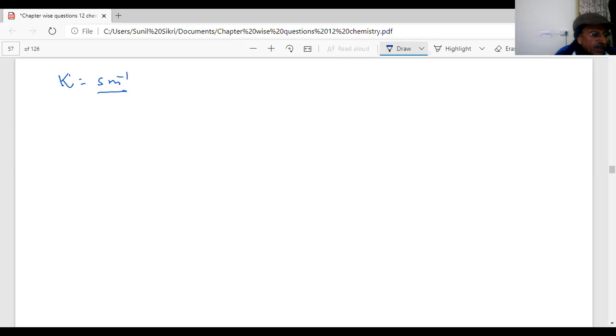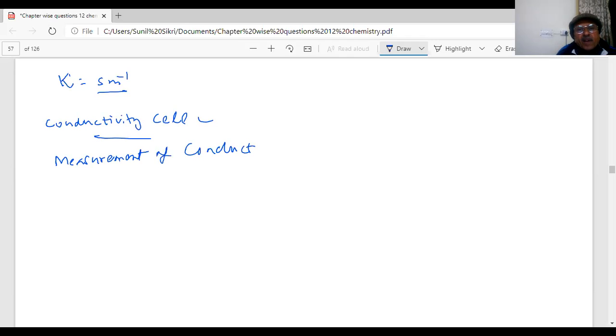And for the measurement of conductivity of ionic solutions, there is a conductivity cell which we have discussed, to calculate the value of the conductivity. We use the conductivity cell for the measurement of the conductivity of ionic solutions, students.